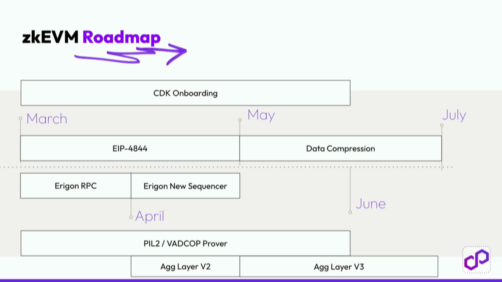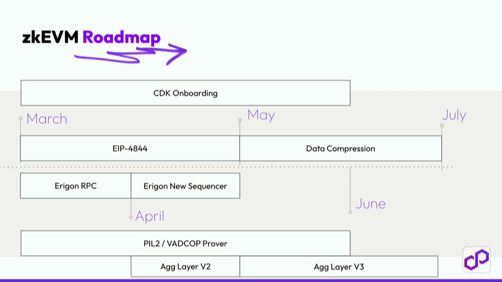And also, we are going to check our infrastructure to add Erigon as a new sequencer of our network, with the idea to increase the TPS of the JKVM, but also of the CDKs. We are also working on PIL2 and variable degree composite polynomials, which are the things that I mentioned before in regard to improving prover performance.